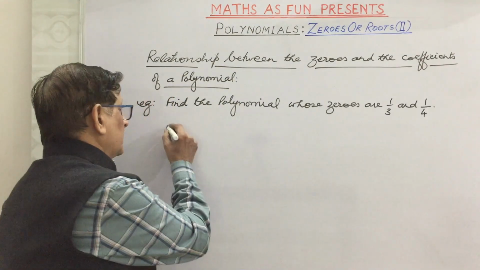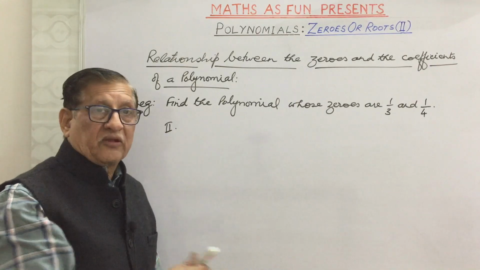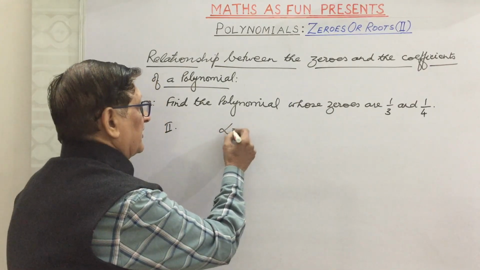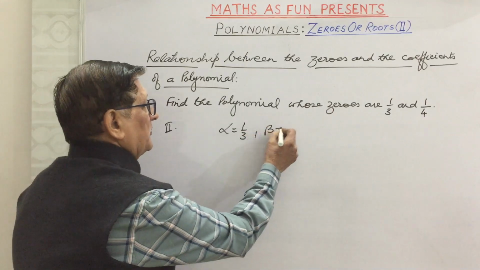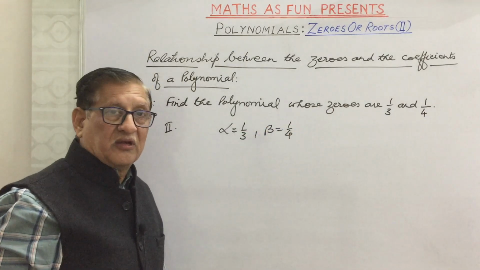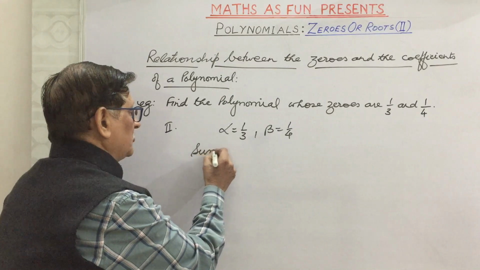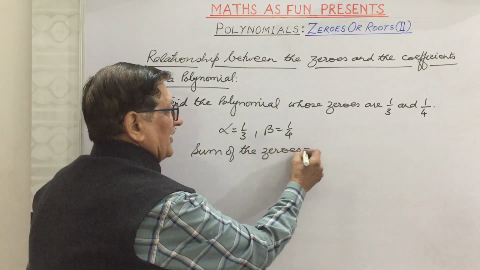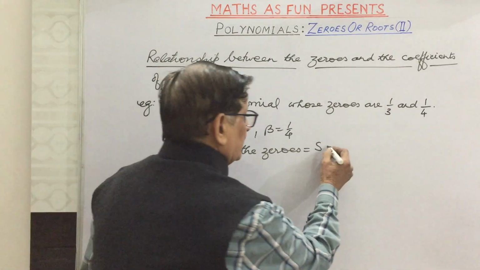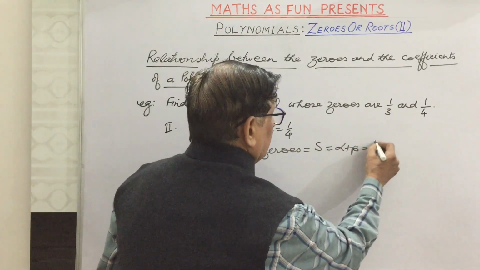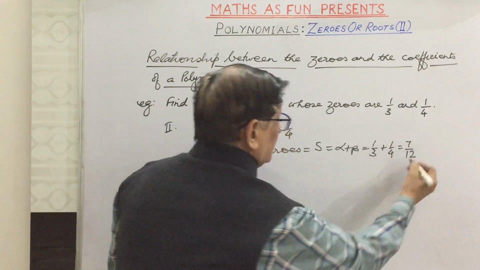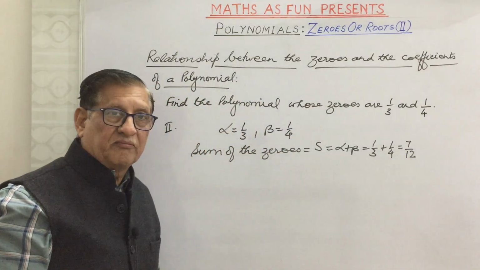The second method we can apply is that we are given the zeros 1 by 3 and 1 by 4. So we write alpha equal to 1 by 3, beta equal to 1 by 4. And we find the sum of the zeros. Sum of the zeros, we write this as S, that is equal to alpha plus beta, which is 1 by 3 plus 1 by 4, which is the same as 7 by 12.